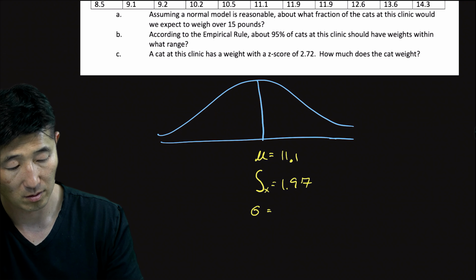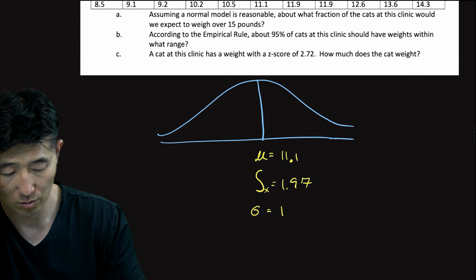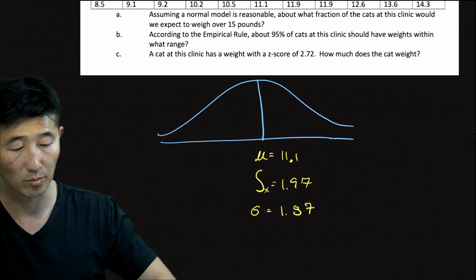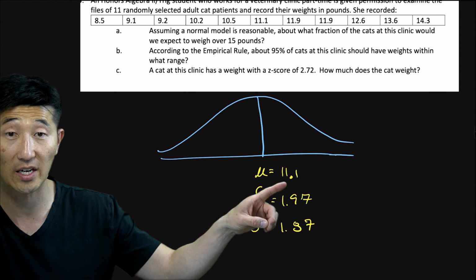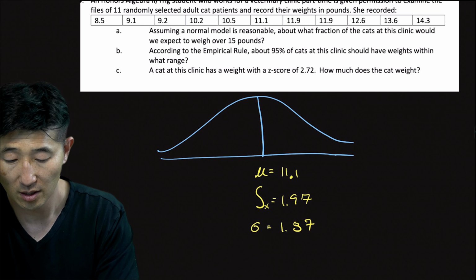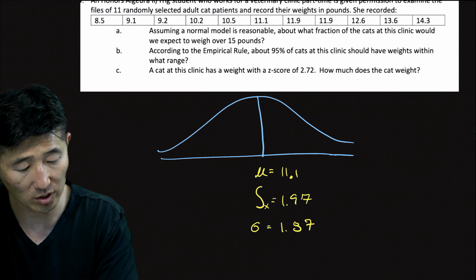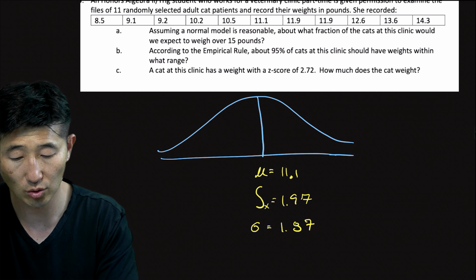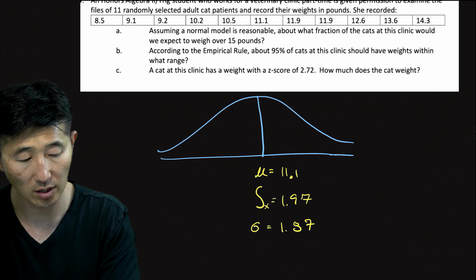Yeah, I think I did forget to plug something in the first time. Okay, let me double check my numbers, because you should have gotten exactly 11.1. Oh, I see what I did. 9.2, 10.2, 10.5, 11.1, 11.9, 12.6, 13.6.